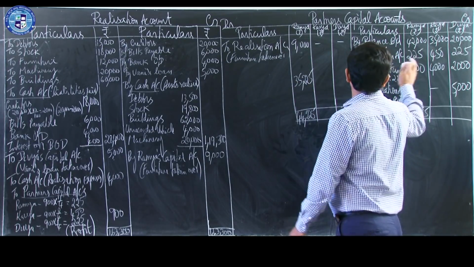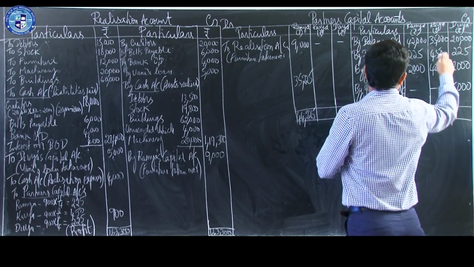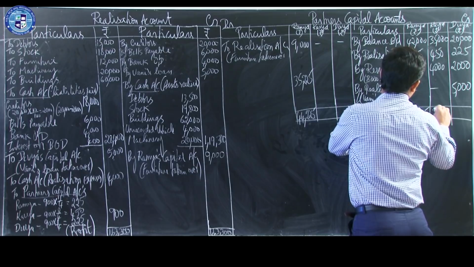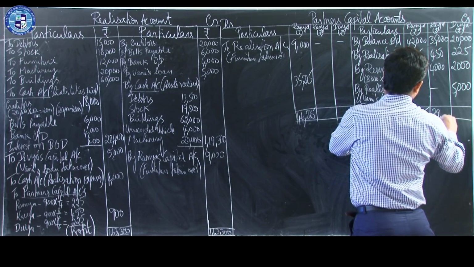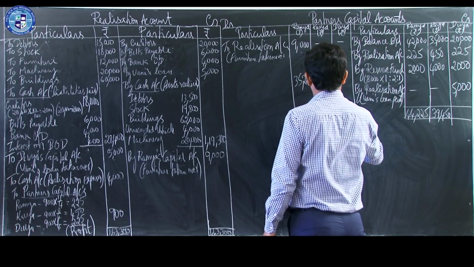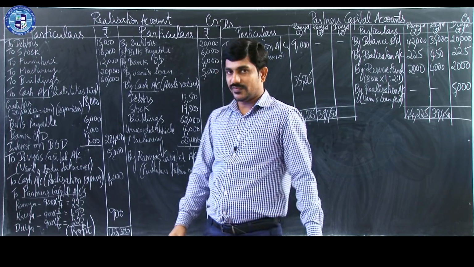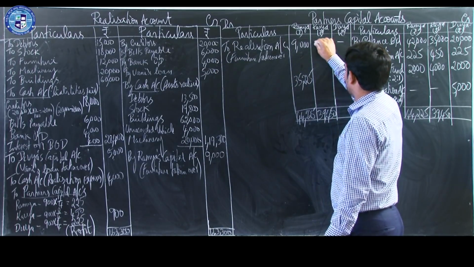Next, Kavya. Total Kavya: 35,000 plus 4,000 plus 450, 39,450. Total is 39,450. Minus debit side, any amount is there?